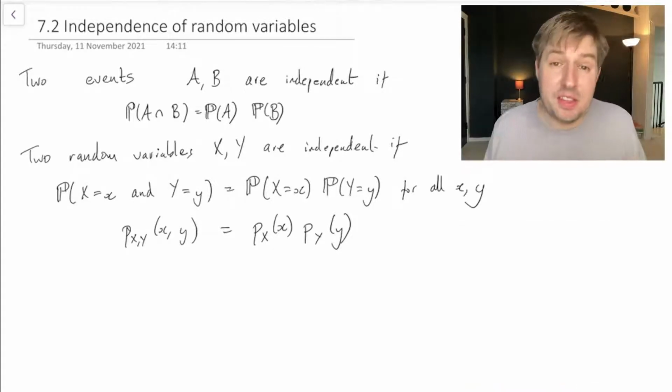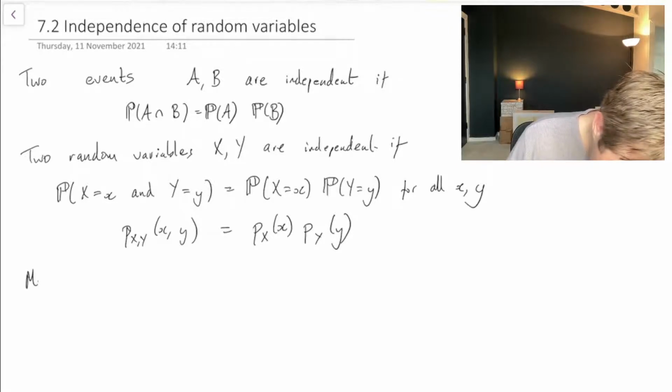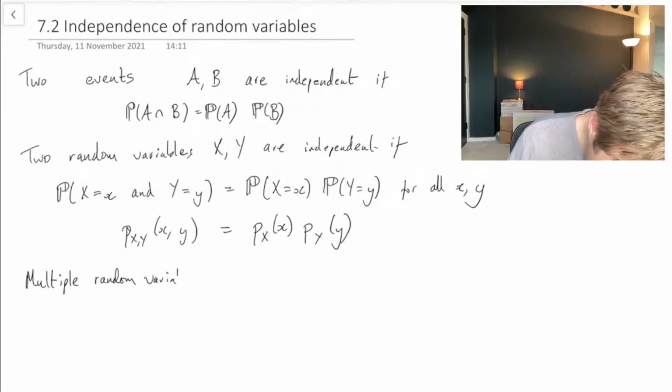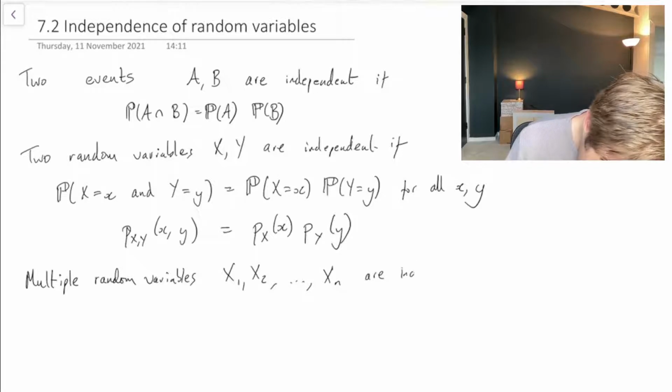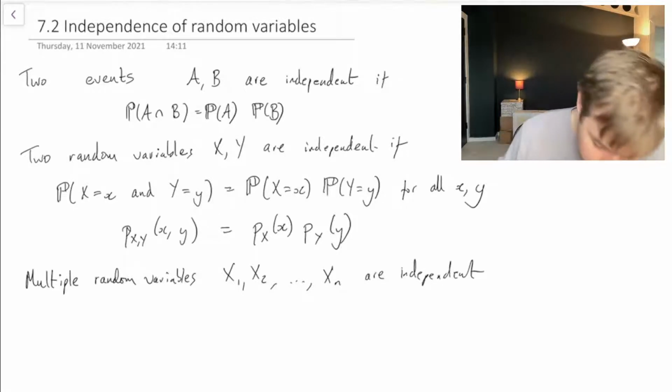We can also extend this to more than one random variable. If we have multiple random variables, X1, X2, up to Xn, we can say they're independent if the joint probability distribution equals the product of all the marginal probability distributions.